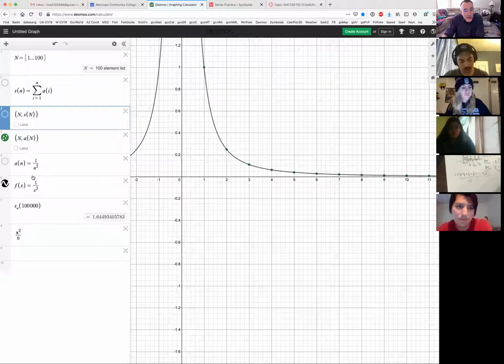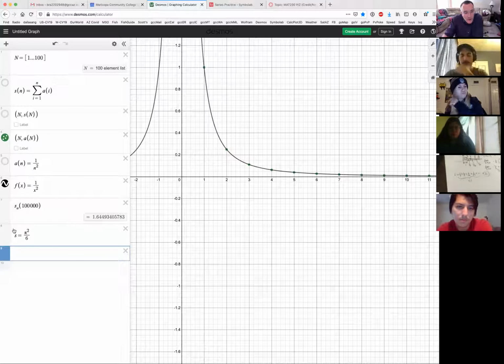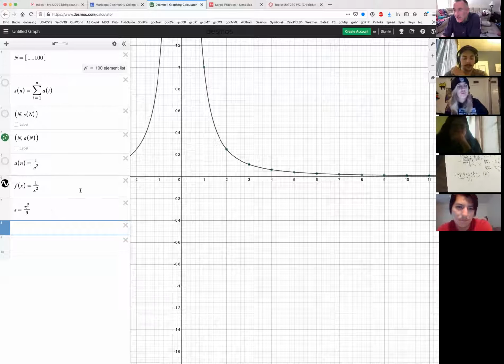I don't know what's happening. Should be able to compute that. Let's say, I don't know, S equals. Is that what it is? Did it work on yours? I don't know why it's freaking out. It's 1.693407. Yeah, I got the same. Okay. I don't know why mine's freaking out, but whatever it is.